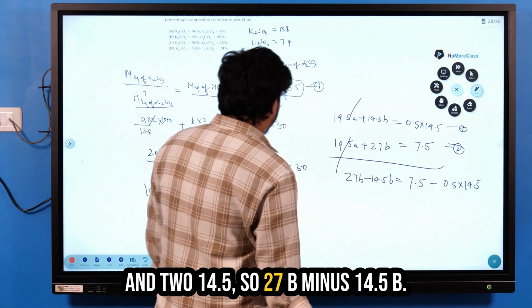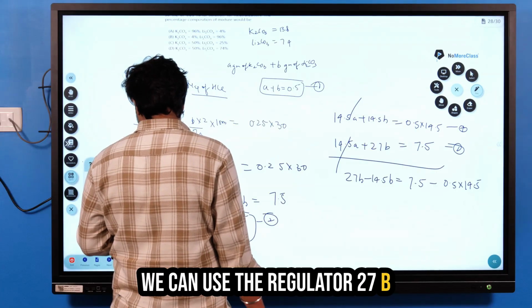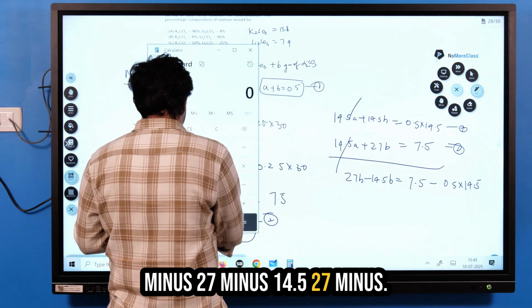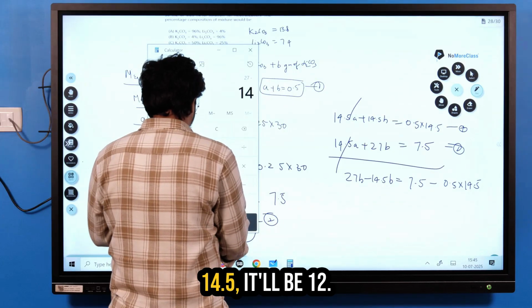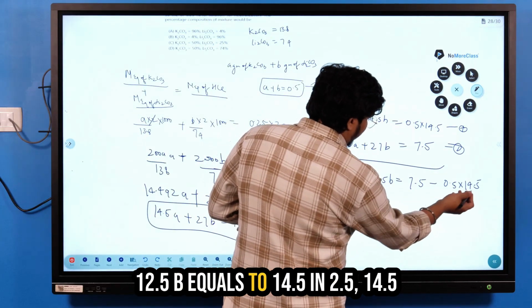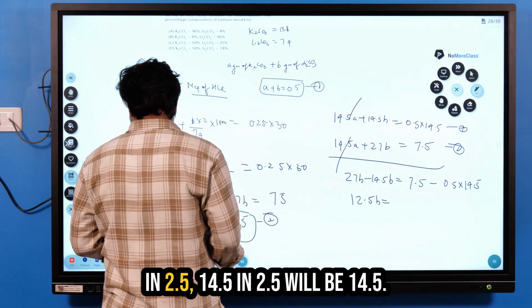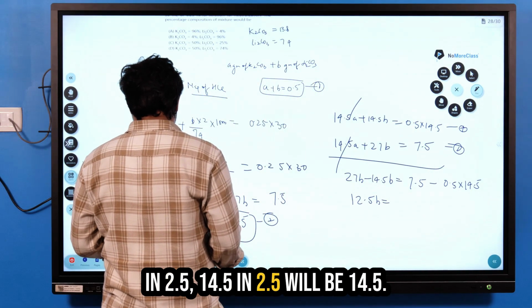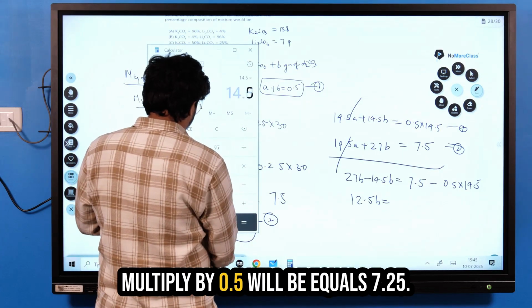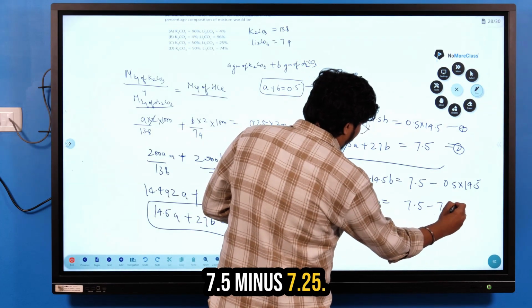Using the calculator, 27 minus 14.5 is 12.5, so 12.5 B equals 7.5 minus 7.25, since 14.5 multiplied by 0.5 is 7.25.